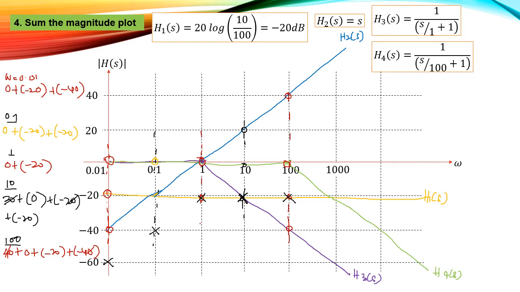And then at 1000, again you have here 60 plus the yellow line negative 20 plus the green line is negative 20, and then plus the purple line negative 60. So negative 40.